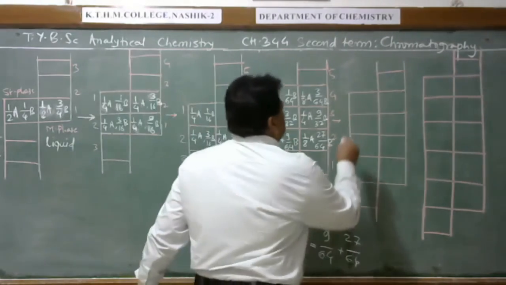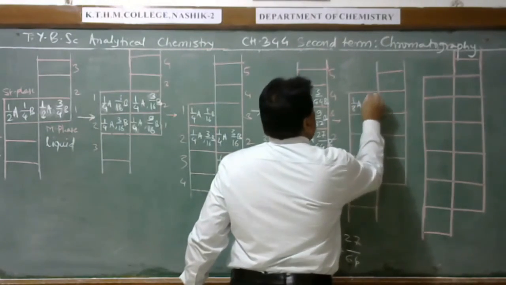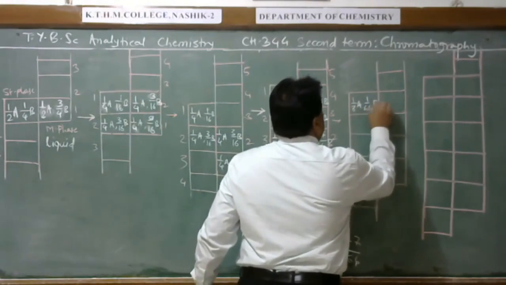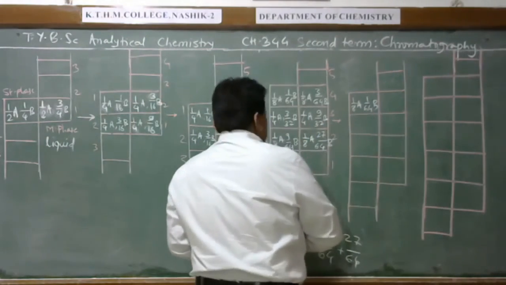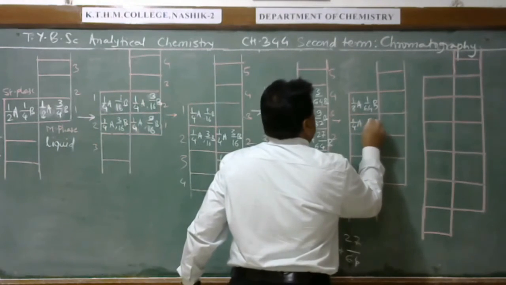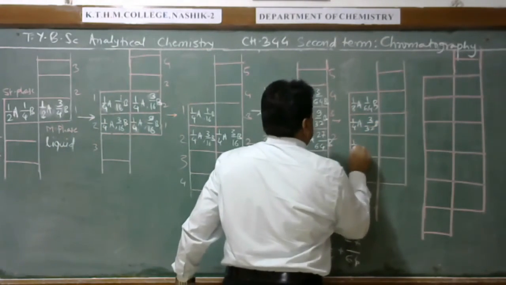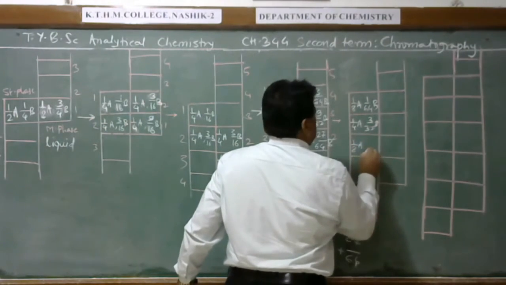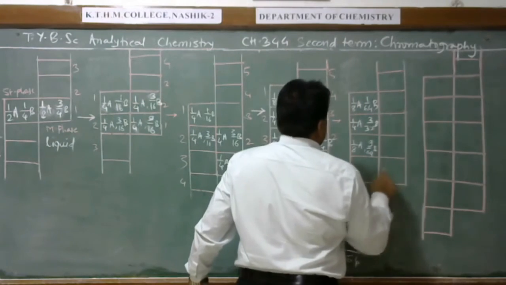Now if we discuss the next step, here 1/8 A, again 1/64 B, then 1/4 A and 3/32 B, again 1/8 A, then 9/64 B. This will be here.